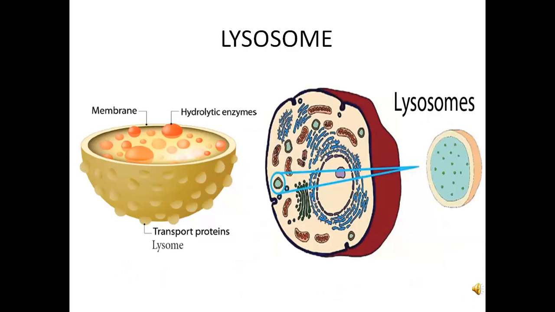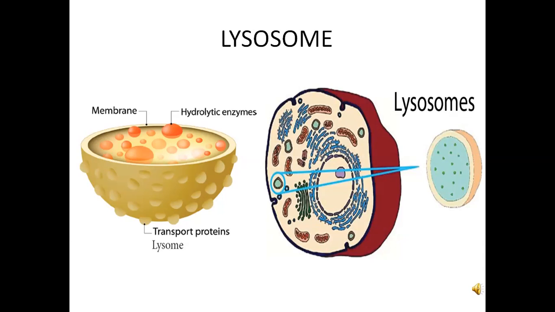Lysosome. Lysosome is one of the cell organelles. Lysosome is called the suicidal bag. Everything I touch, I destroy. You will find organelles called lysosomes, which are very small to view using a light microscope. They are the main digestive compartments of the cell.